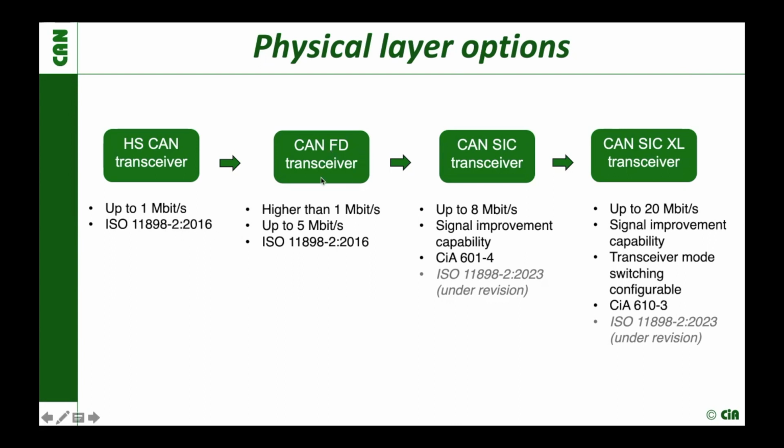Then if you would like to transmit with higher bit rate, you can choose the CAN FD transceiver, up to 5 megabits. And if you would like to transmit with higher than 5 megabits, you could use the CAN SIC transceiver or CAN SIC XL transceiver. The CAN SIC transceiver is specified in the 601-4.